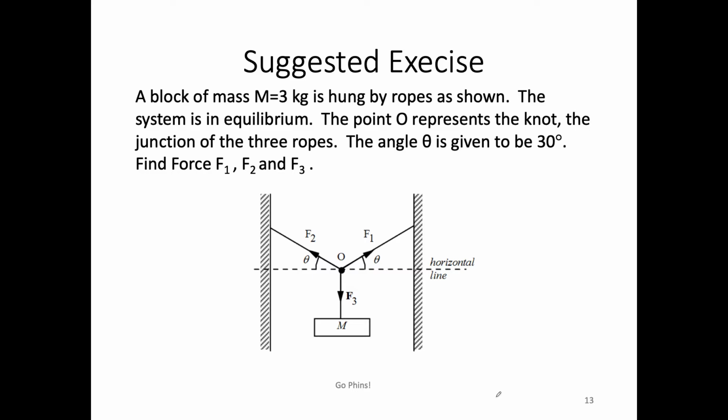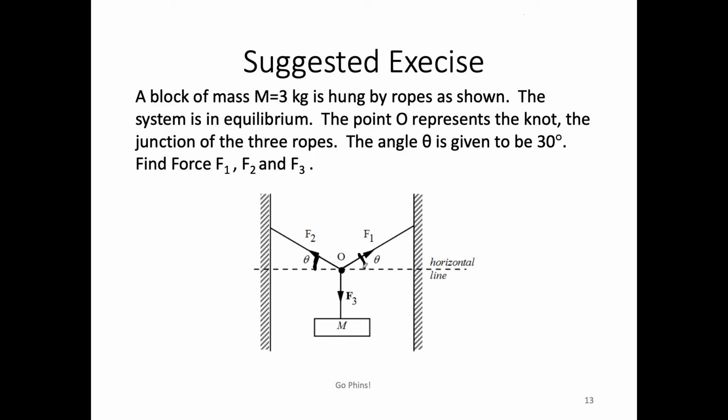And I would suggest you do this example, which is essentially the same setup as the example I just solved. You have string 1, string 2 hanging a mass, and the angle is 30 degrees.